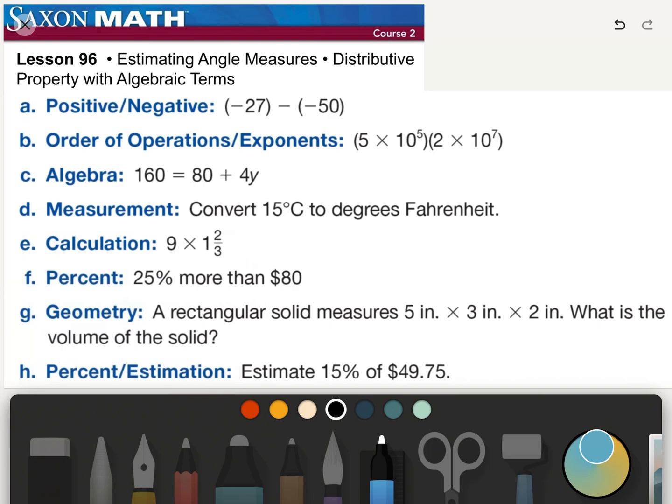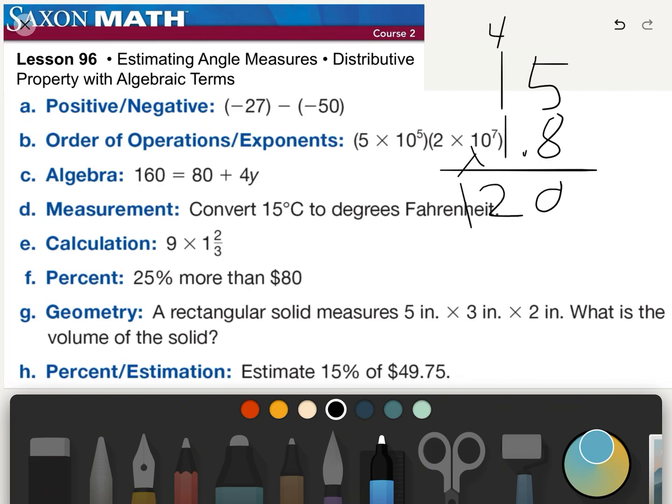Measurement. Convert 15 degrees Celsius to degrees Fahrenheit. We can start by multiplying by 1 8/10. Get us, remember this, boingy.